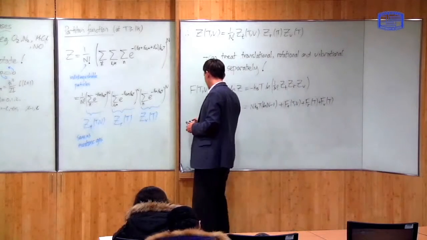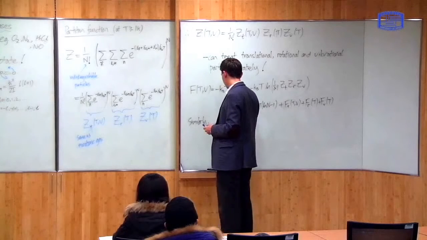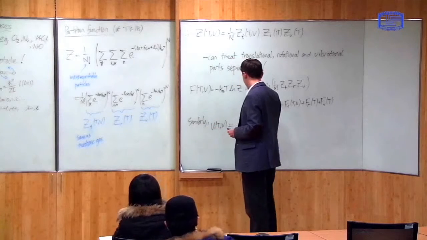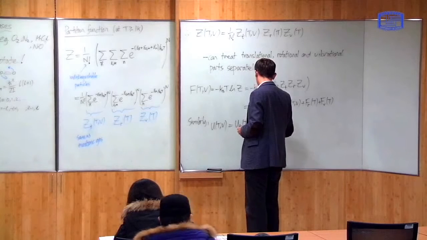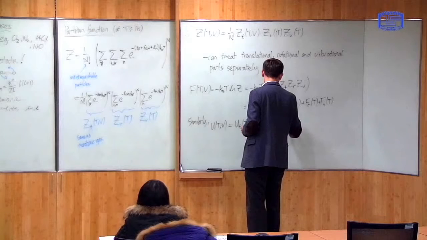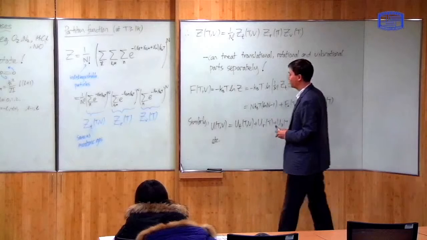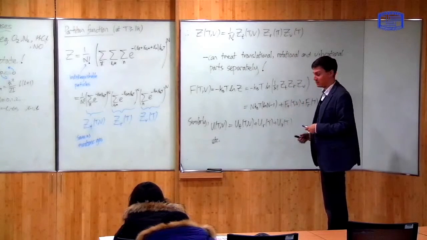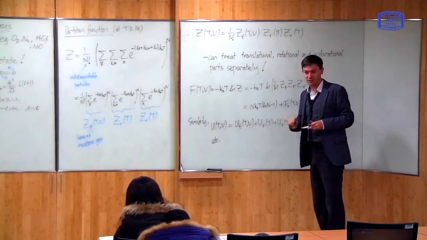And similarly, the total energy in the gas is equal to the sum of the energy in the translational part plus the energy in the rotational part plus the energy in the vibrational part, and so on. So the partition function is a product of partition functions, and energies and heat capacities and so on, we can add up the contributions separately.